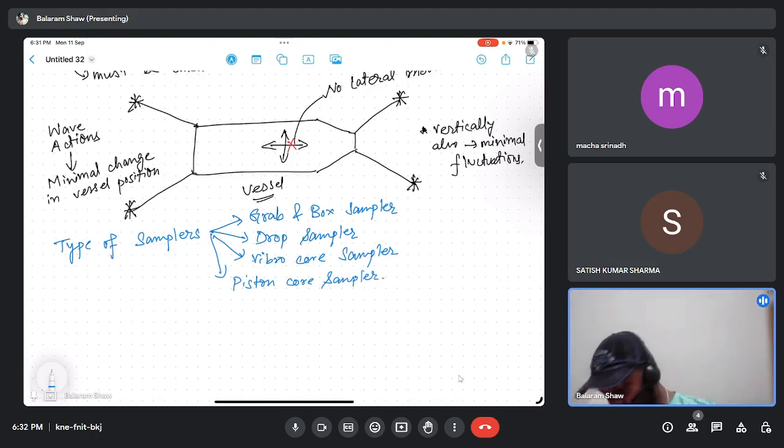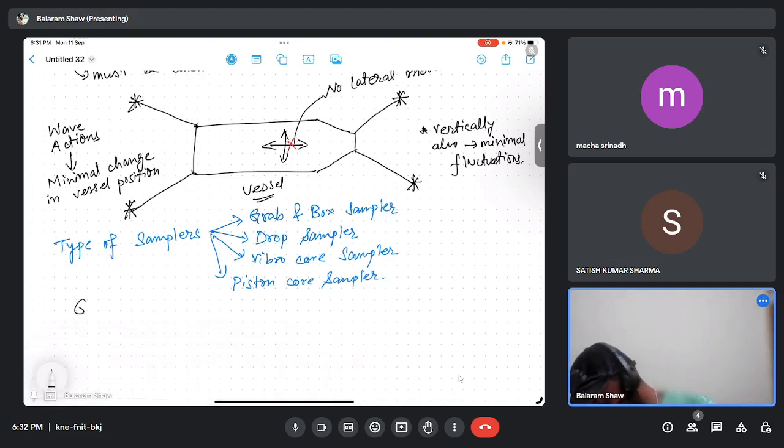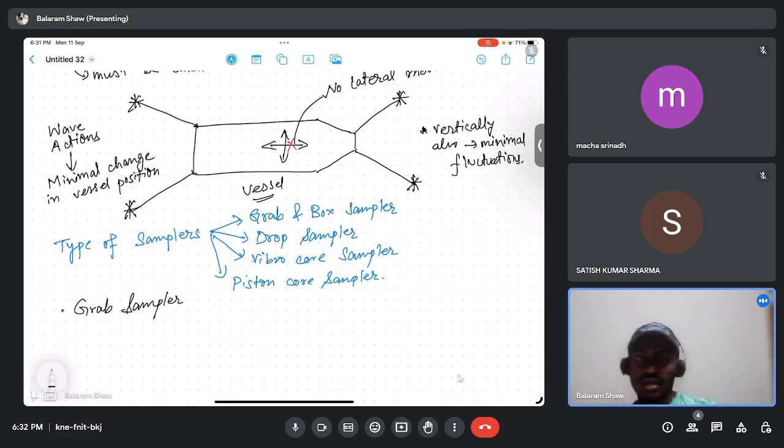So first of all we will discuss the grab sampler. In grab sampler, what kind of sampler is this? There will be one spring that will be loaded with the clam shells.